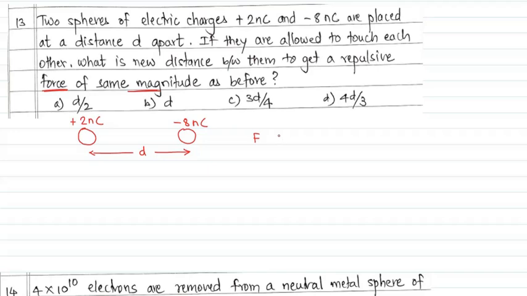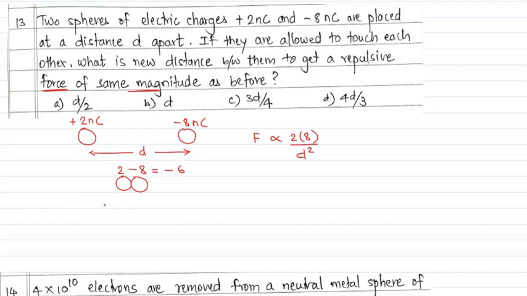So here I will take F proportional to 2 into 8 divided by d square. So if they are allowed to touch, when you touch both spheres there is a redistribution of charge. So 2 minus 8 is equal to minus 6.